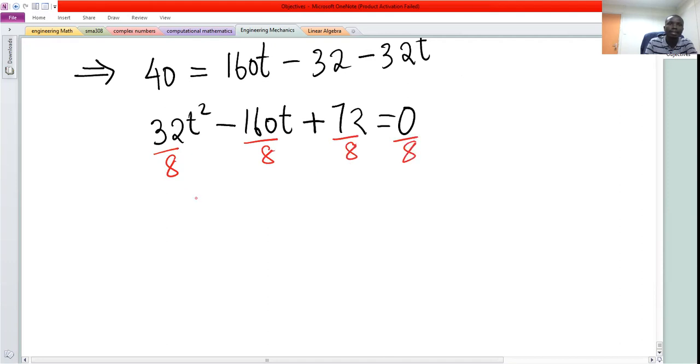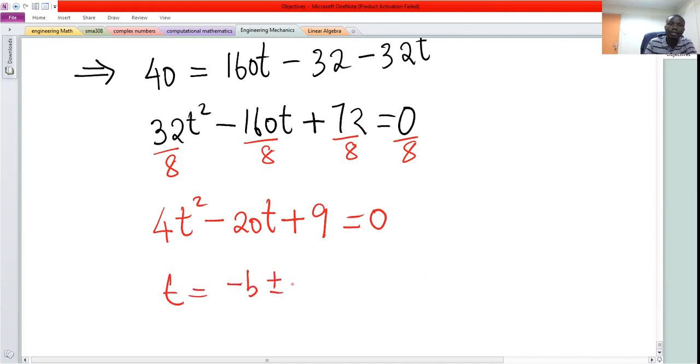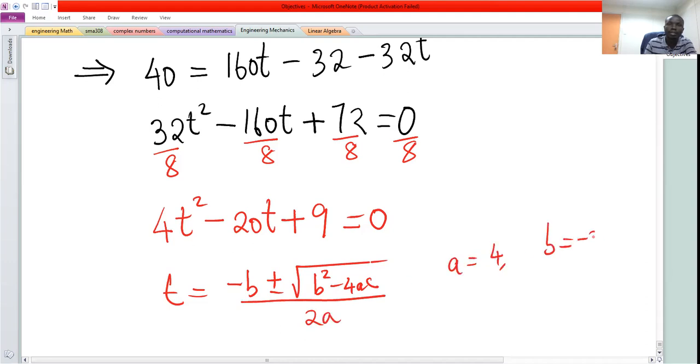So 4T squared minus 20T plus 9 equals to 0. Then we use quadratic formula. T will be minus b plus or minus square root b squared minus 4ac over 2a, where our a is 4, our b is minus 20, and c is 9.